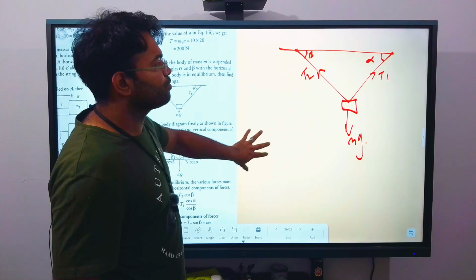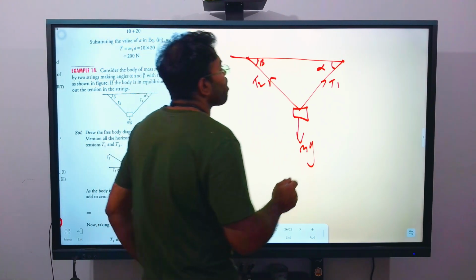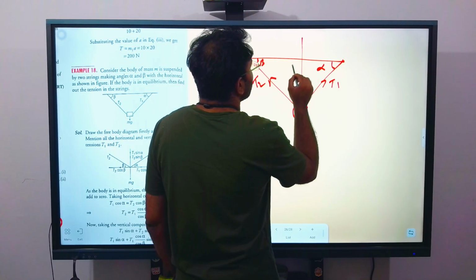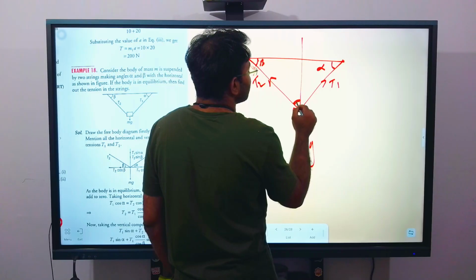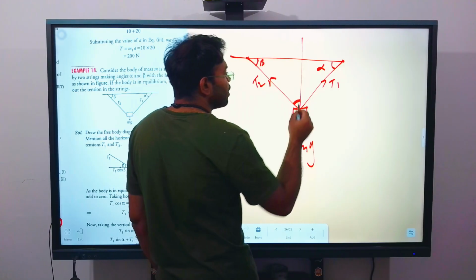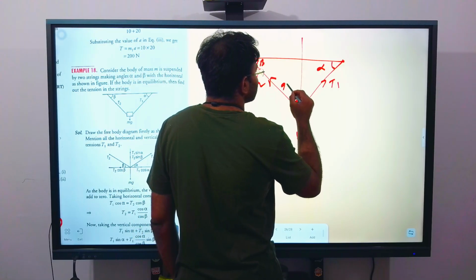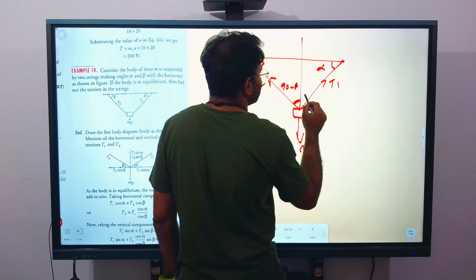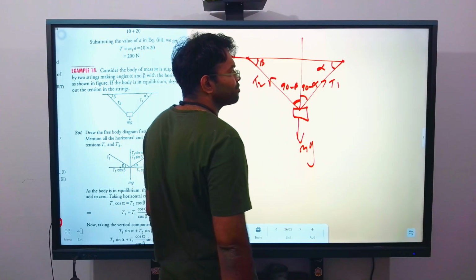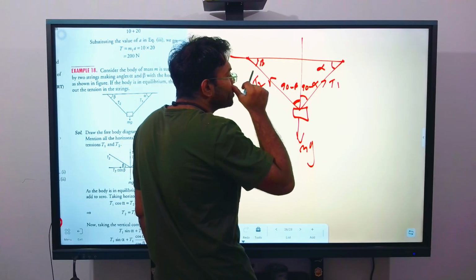Okay. Now, what is this angle going to be? 90 minus beta. So this angle is 90 minus beta, and this angle is 90 minus alpha, right? So what can I do?